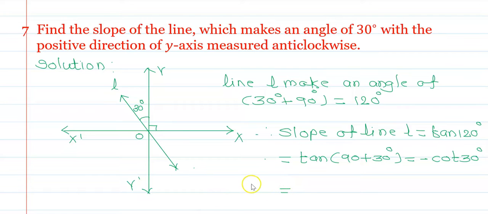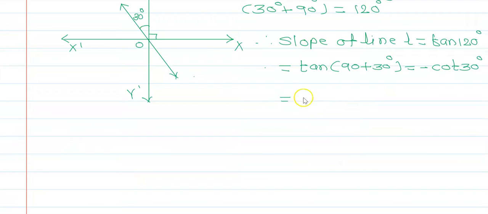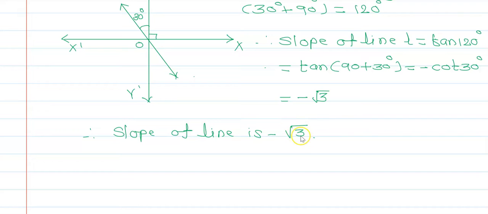The value of cot 30 is root 3, therefore minus root 3. Therefore the slope of line L is minus root 3.